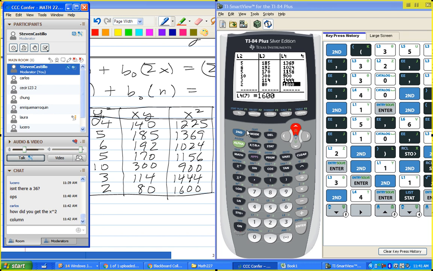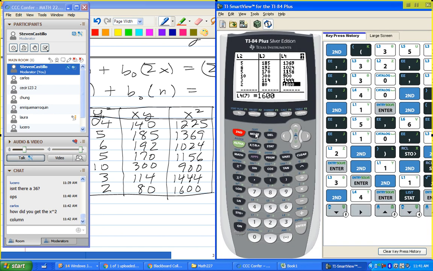Sure. So let's quit that. If you look, I just did L1 squared, stored it in L4. So I just squared the first column and put it in L4. And then if you multiply the X and Y, L1 times L2, that gives you L3. Okay. Good.